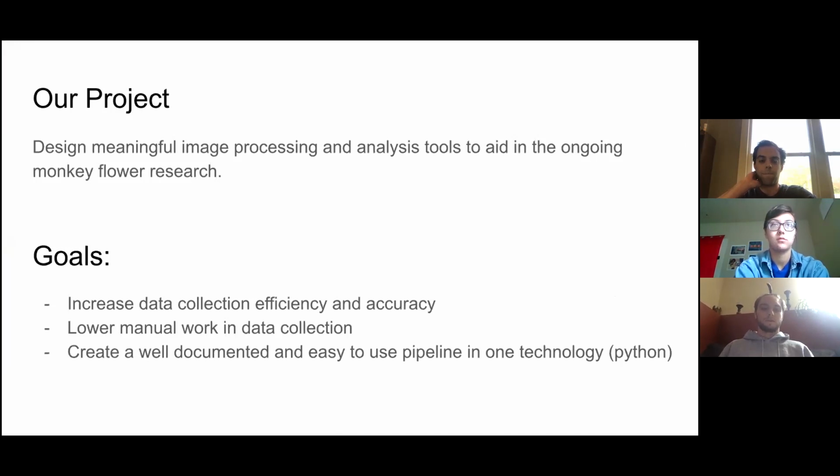And some of our goals for this were to increase the data collection efficiency and accuracy and lower manual work and data collection, meaning that there's no need to go in and make manual corrections, as well as create a well-documented and easy to use pipeline in one technology, Python.